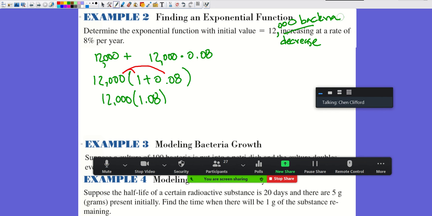So let's just jump straight to the adult way of doing it. Here, let me do it like this. After the first year, you're going to get, it's a minus now because it's decreasing.